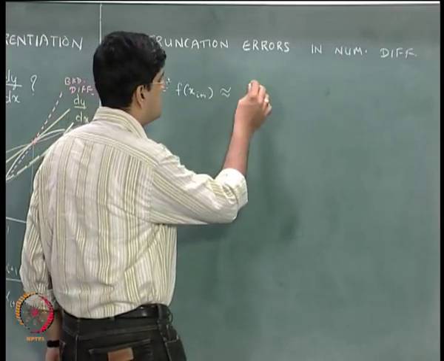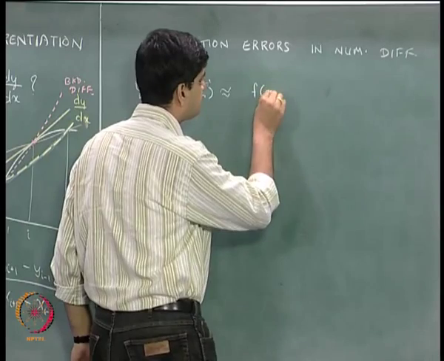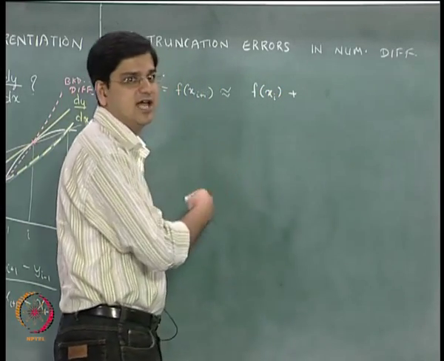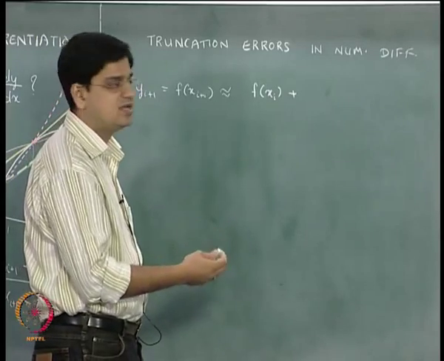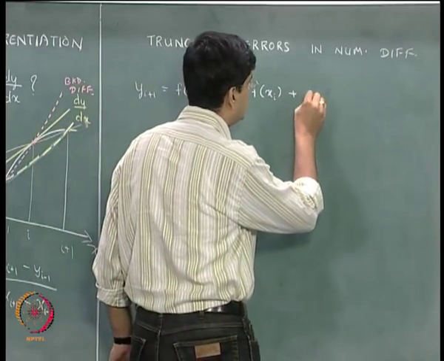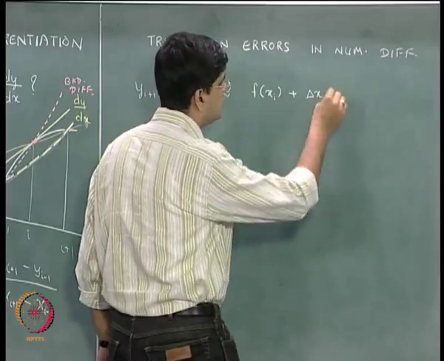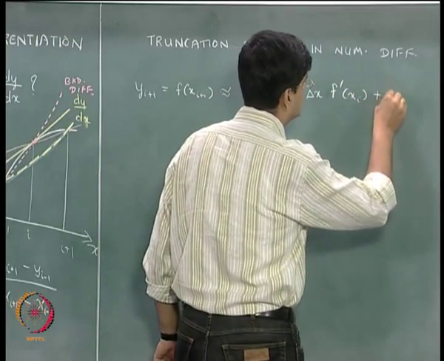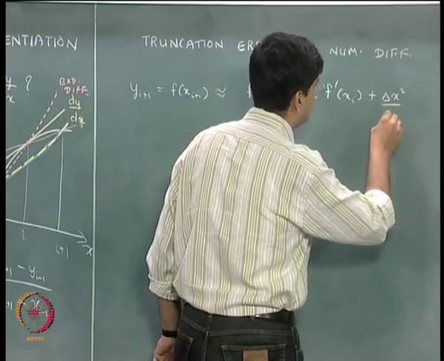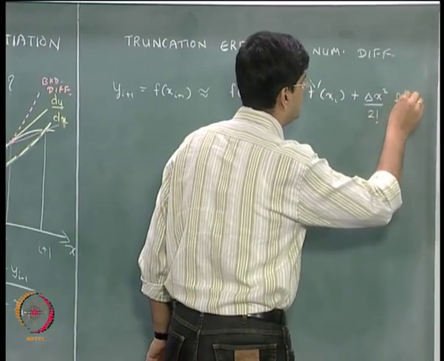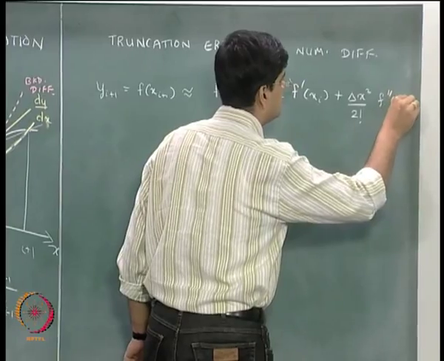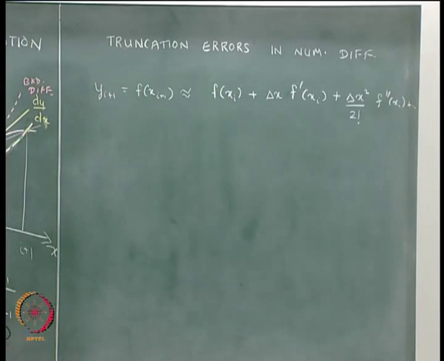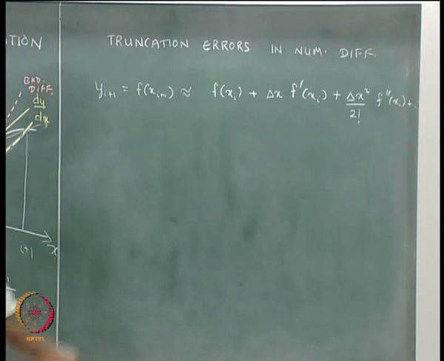So that is approximately equal to f of xi plus delta x, where delta x is xi plus 1 minus xi, multiplied by f dash of xi, plus delta x squared by 2 factorial f double dash of xi plus dot dot dot. That is what our y i plus 1 is going to be.